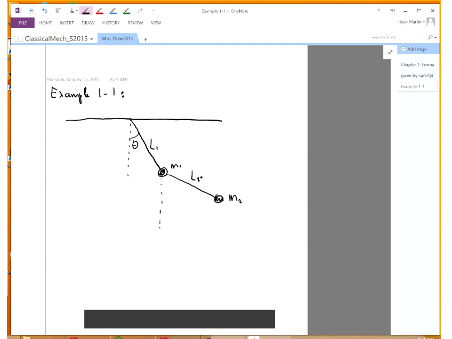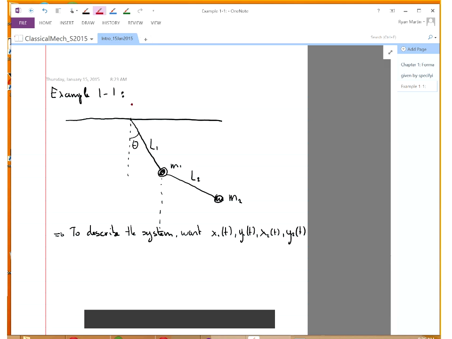The question may be, describe the motion of the two masses. All right, so if we want to describe the system, what we really want is what we're going to call x1 of t, y1 of t, x2 of t, and y2 of t. So x1 and y1 are the x and y positions of mass 1.